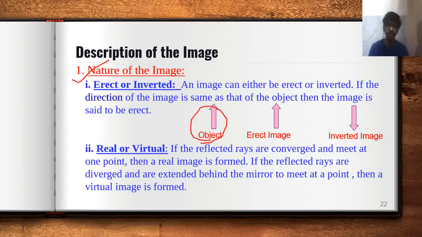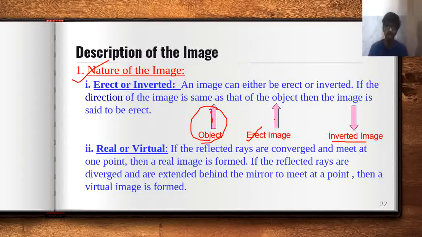When the image is formed, it can be in the same direction or in the opposite direction. If it is in the same direction as the object, then it is an erect image. And if it is in the opposite direction, then it is an inverted image. So when you are finding the image, you have to first understand whether the image is erect or inverted.